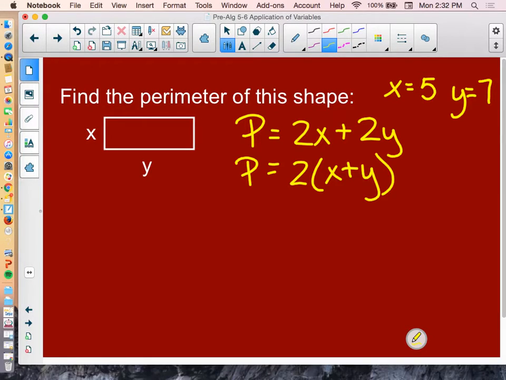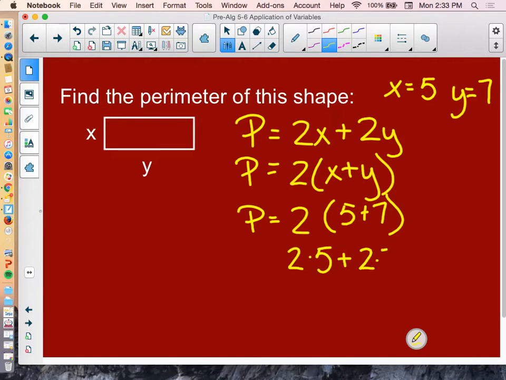Then I want you to simplify and evaluate this equation in this case. So p equals 2 times 5 plus 7. You probably already knew how to do this. You could either do this as 2 times 12, or you could use what we learned and do 2 times 5 plus 2 times 7. And that would be 10 plus 14, which is 24.